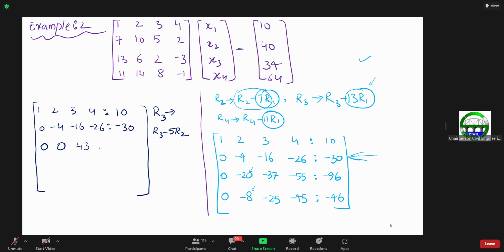And what will be the next? R3 minus 5R2, 75. Great. And then in here, R3 minus 5R2, how much? 54.